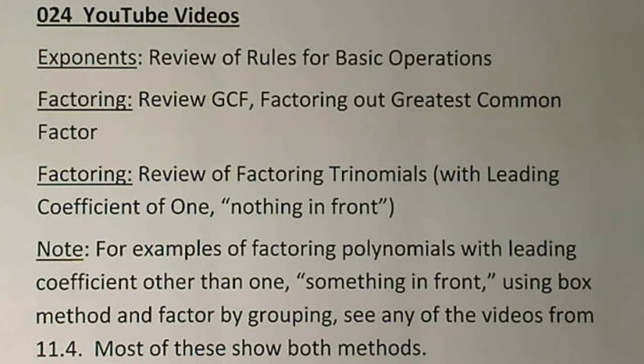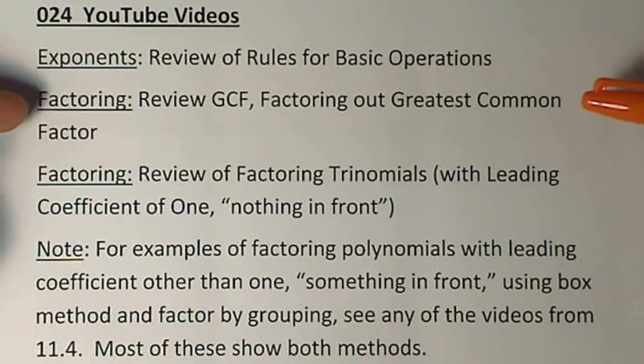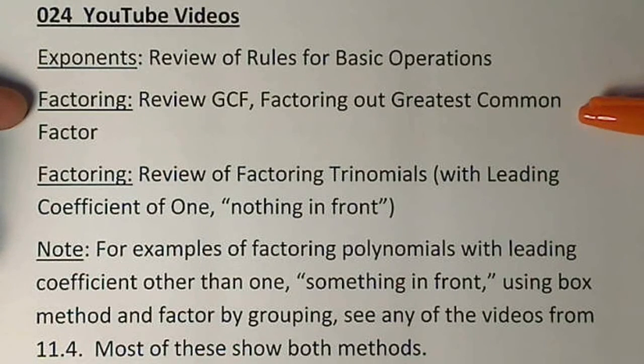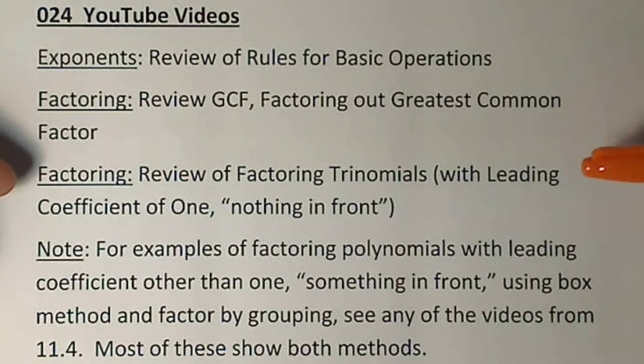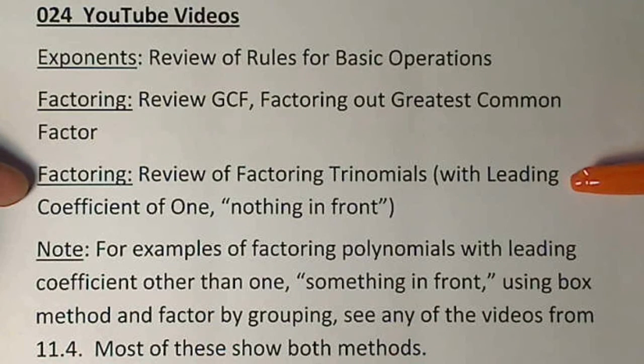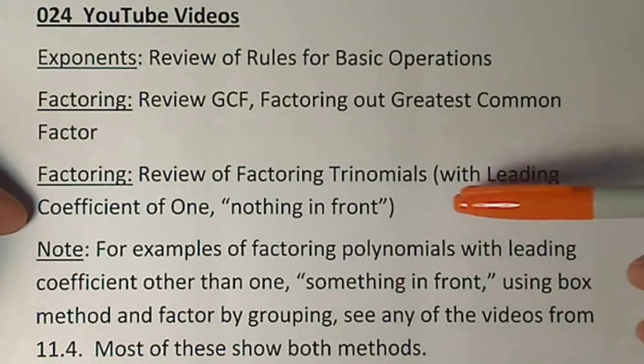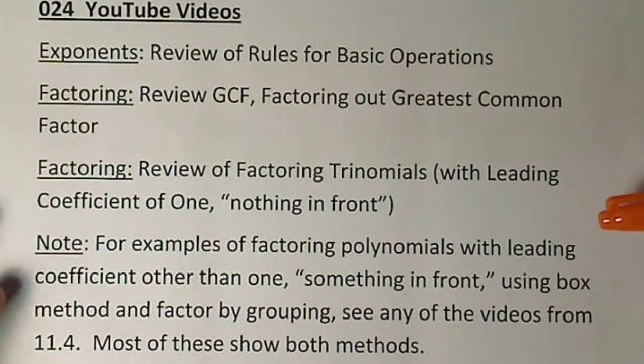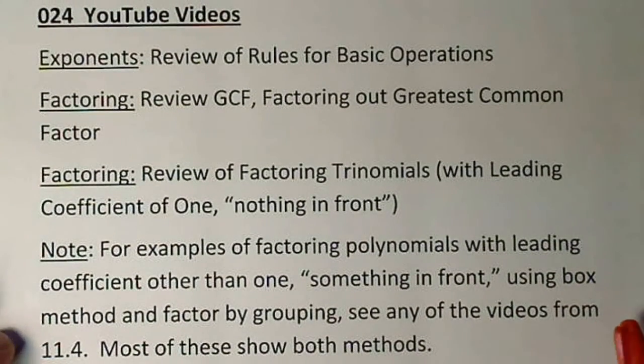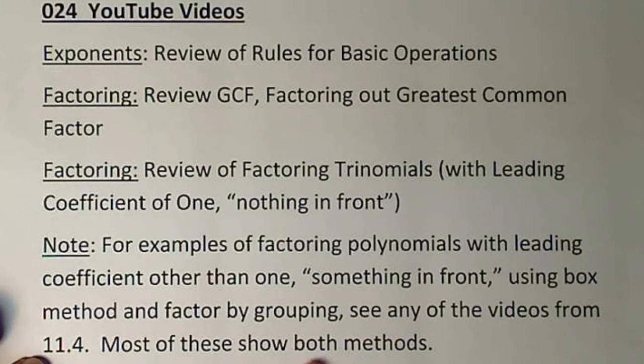So if I'm skipping over things you don't understand or I'm going a little too fast for you, please refer to possibly review GCF, factoring out the greatest common factor, or refer to factoring, review of factoring trinomials with leading coefficient of 1. A lot of times I'll say nothing in front. And also if you need some help with the box method or factor by grouping, any of the videos from 11.4, almost all of them show you a way to use both methods. Okay?